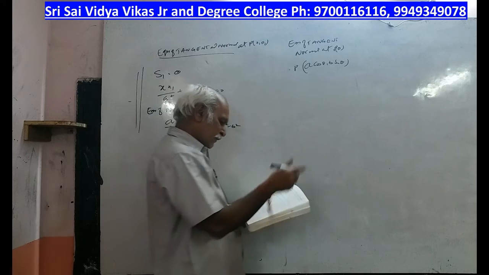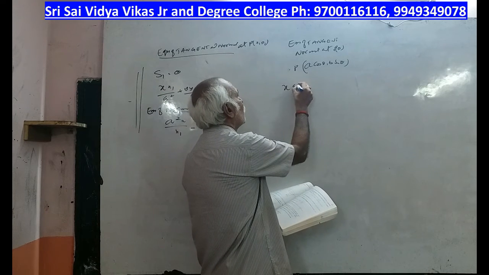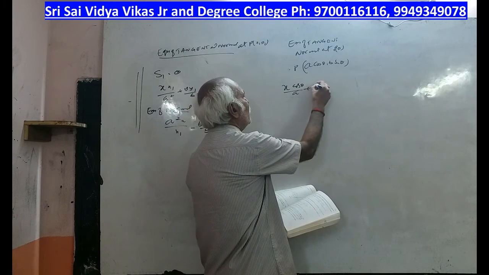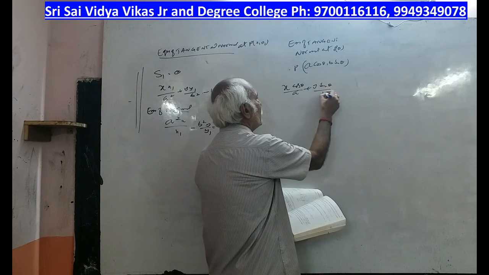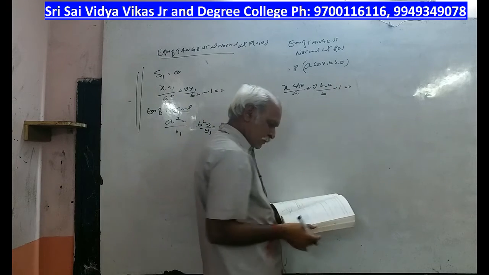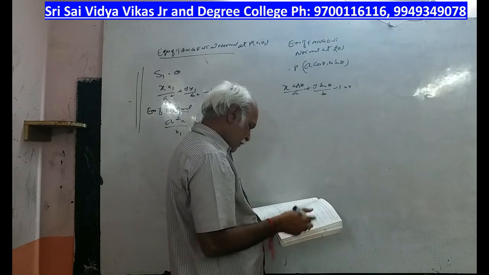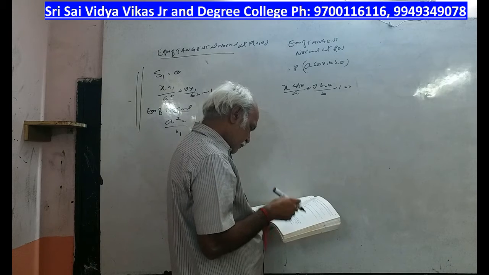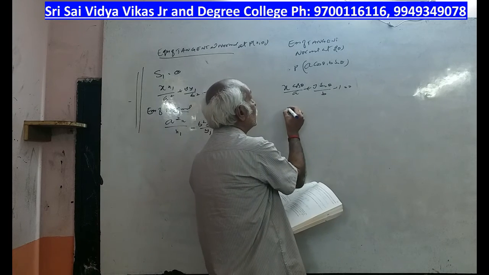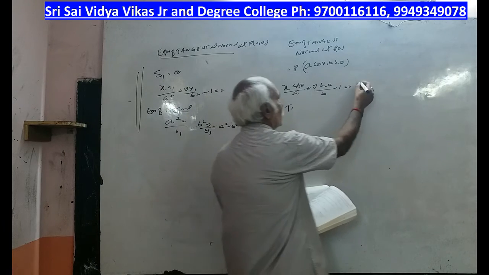The formulas are these: x cos theta by a plus y sin theta by b minus 1 is equal to 0, this is tangent.